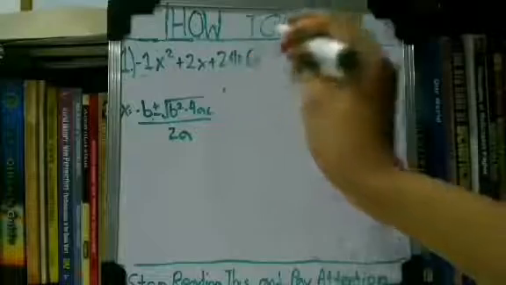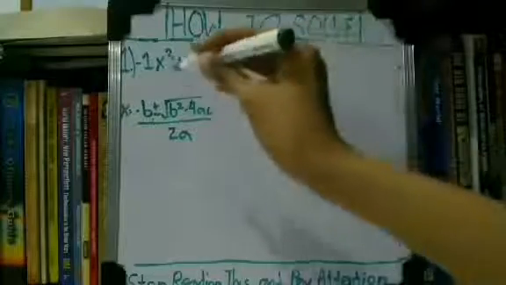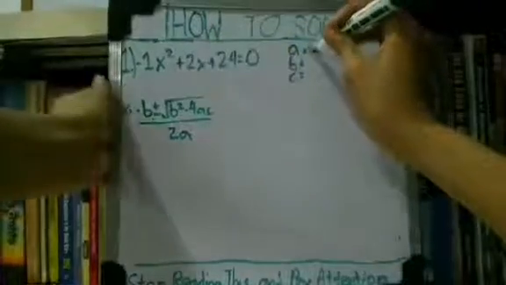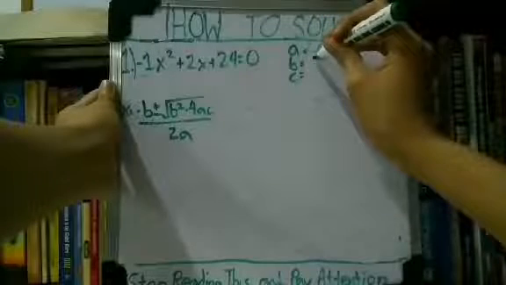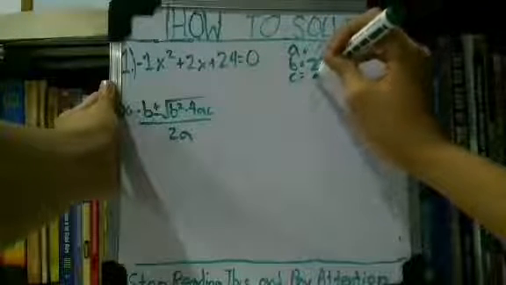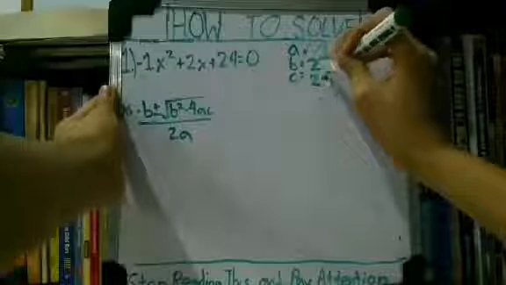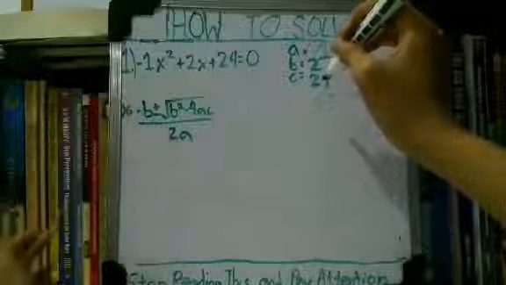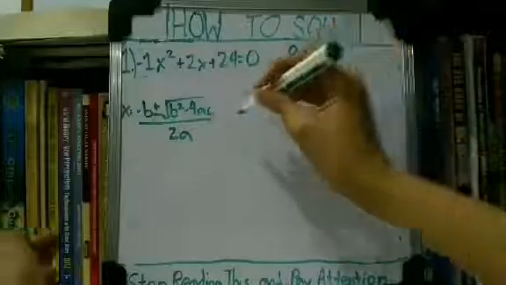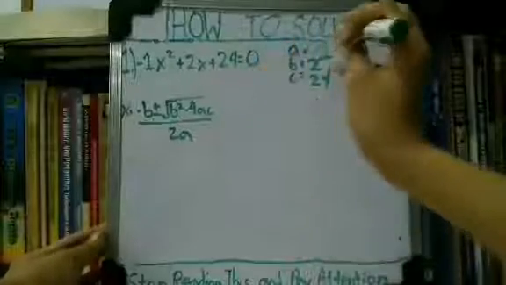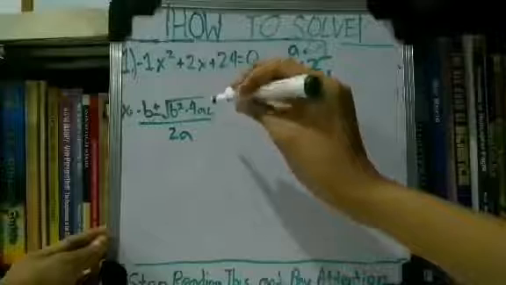So the thing you gotta do first is to find the a, b, and c. That being negative 1 for a, 2 for b, and 24 for c. After that, place them in the iconic formula. So, since a is negative 1, just write here in this spot, negative 1.